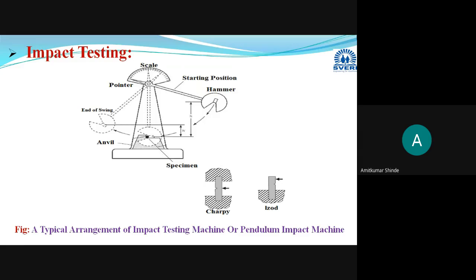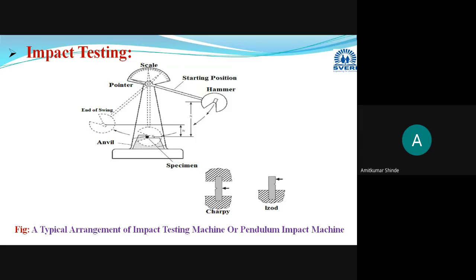In other words, here we are going to determine the toughness of that material, the amount of energy that material can absorb before its fracture or failure, and that is known as the toughness, and it can be determined by conducting the impact test.